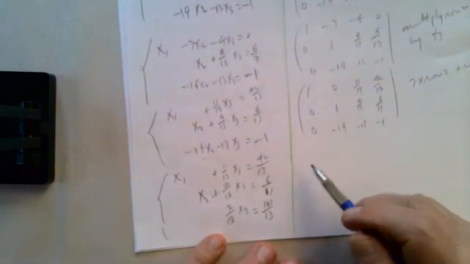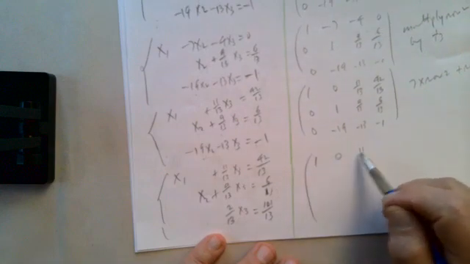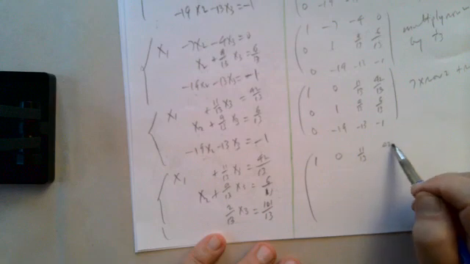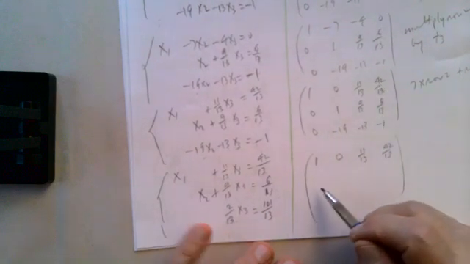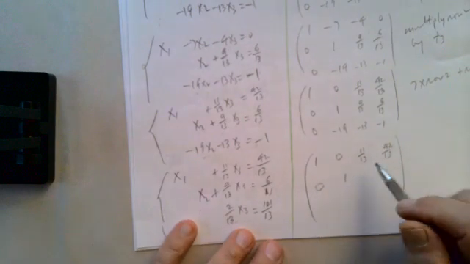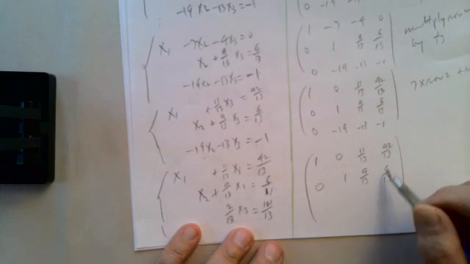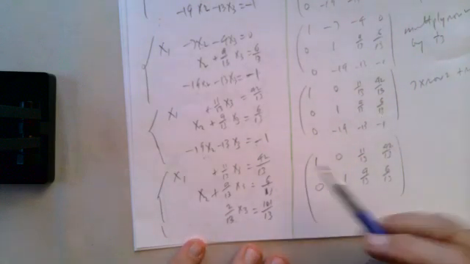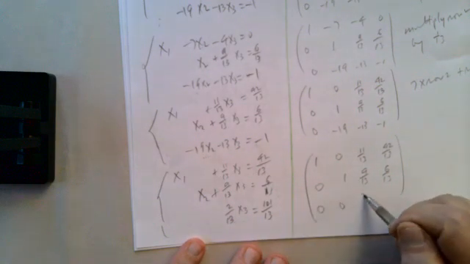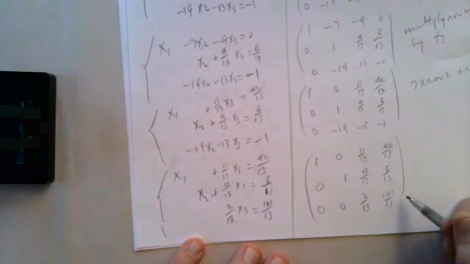What is the matrix here? 1, 0, 11 over 13, 42 over 13. That hasn't changed. 0, 1, 9 over 13, 6 over 13. That hasn't changed. But the new third row is 0, 0, 2 over 13, 101 over 13.